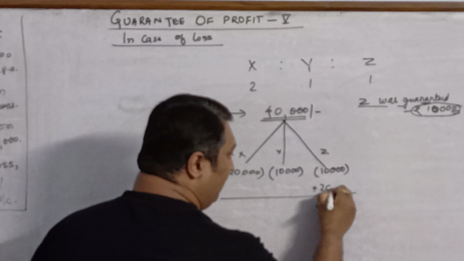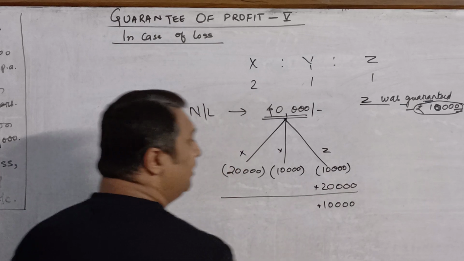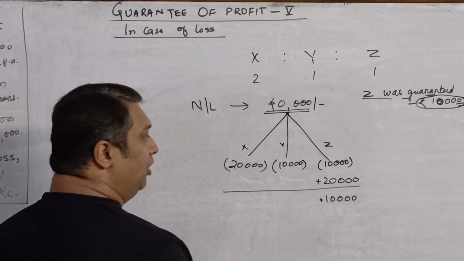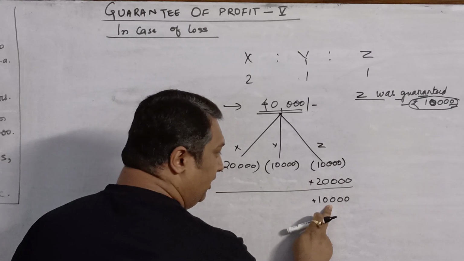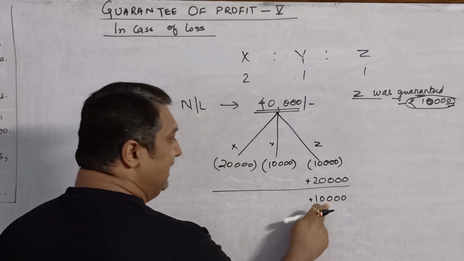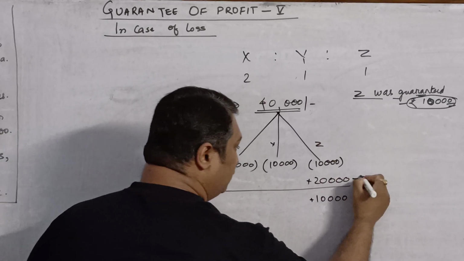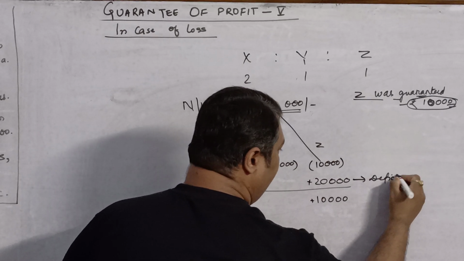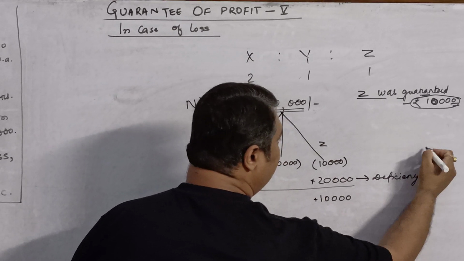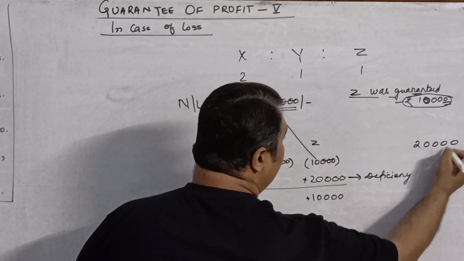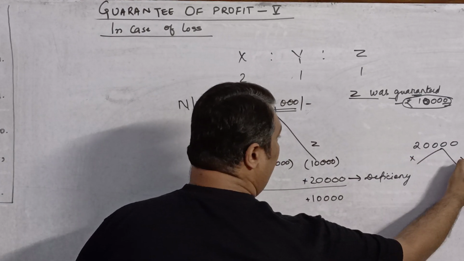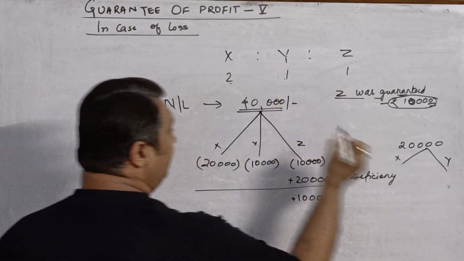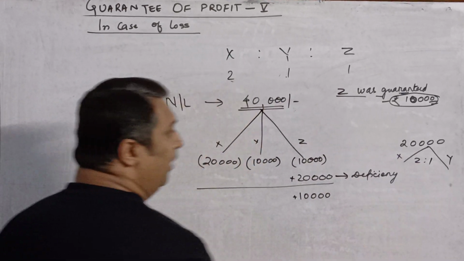That means we will have to add 20,000 to this loss so that it can be compensated and Z will get a profit of rupees 10,000. This is called the amount of deficiency. And in the absence of any other information, this 20,000 will be distributed between X and Y in their profit sharing ratio, which is 2:1.